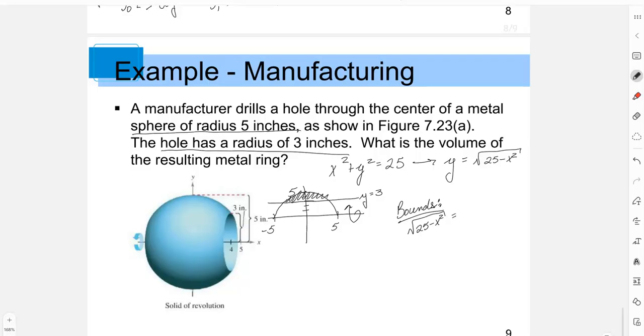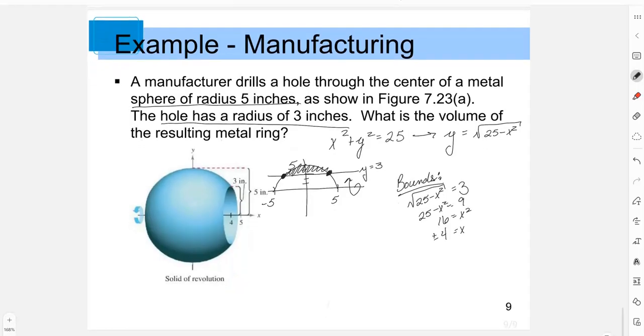I want to know where that's equal to y equals 3. So I'm looking for these intersection points here. To solve this, I'm going to square both sides. I'm going to rewrite this. And I'm going to take the square root. And we get plus and minus 4. So this is intersecting at x equals 4 and then at x equals negative 4.